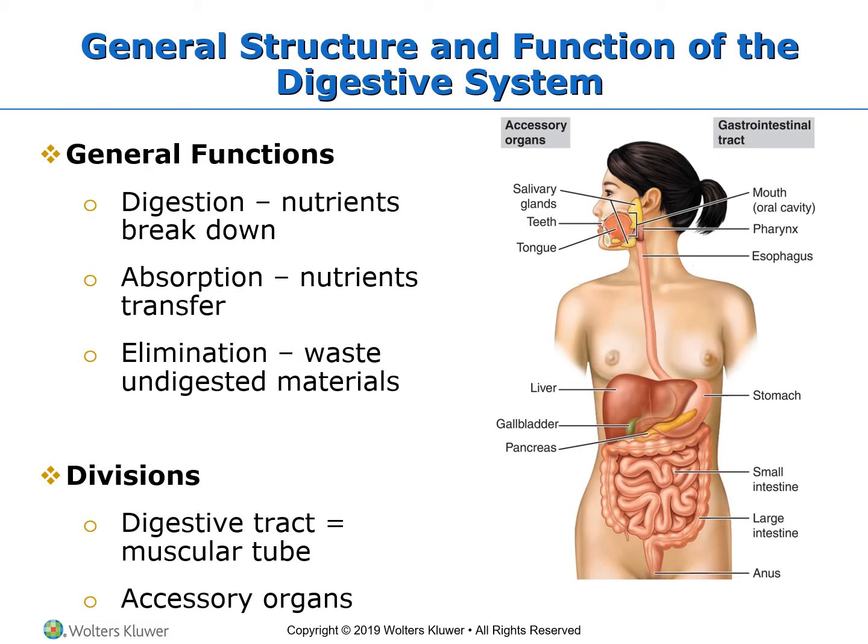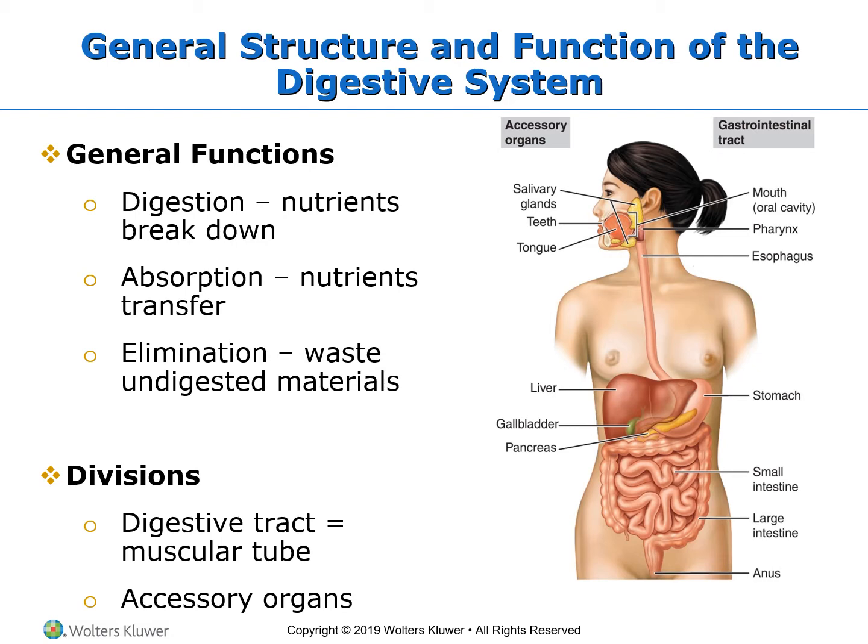It begins at the level of the mouth, where the food is taken in, and it ends at the level of the anus, where the waste products from the process of digestion and absorption are expelled. We'll detail each of the elements of the digestive tract. You can see in the image how it's positioned in our body.